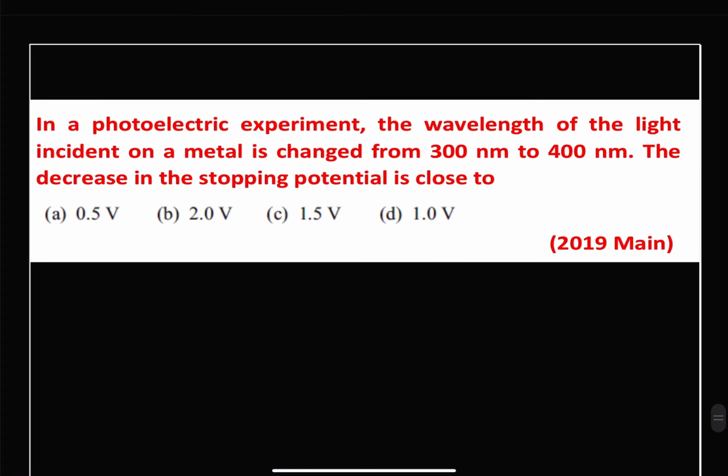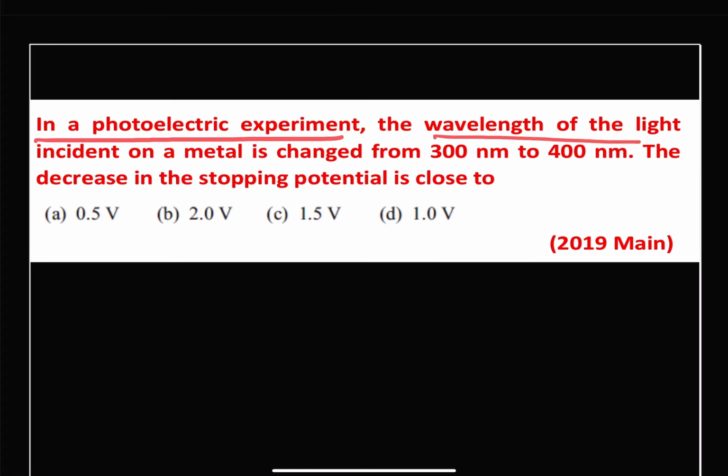It states that in a photoelectric experiment, the wavelength of the light incident on the metal is changed from 300 nanometer to 400 nanometer. The decrease in stopping potential is close to. So we are given two wavelengths. Let us suppose we have one wavelength lambda 1, that is our 300 nanometer, and another wavelength lambda 2, which is our 400 nanometer.